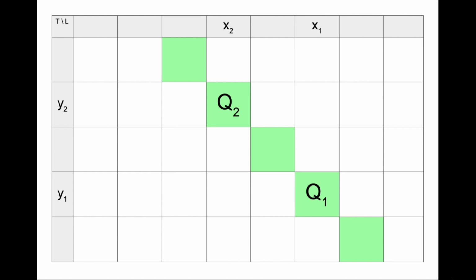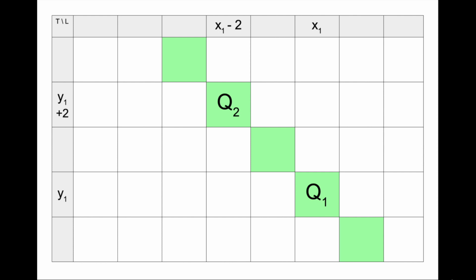If we take a quantity Q2 somewhere along that diagonal, then its exponents, x2 and y2, are constrained by those of Q1. Here, for instance, the exponent x2 is equal to x1 minus 2. Then, since Q2 is on the green diagonal, the time exponent must involve the same gap of 2.